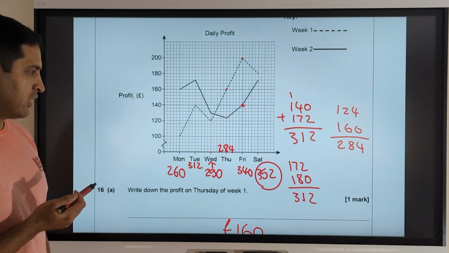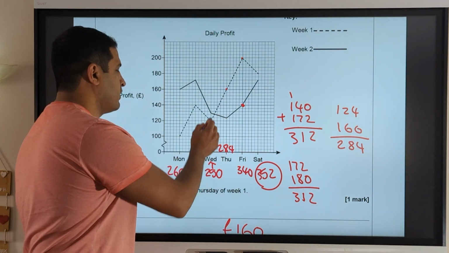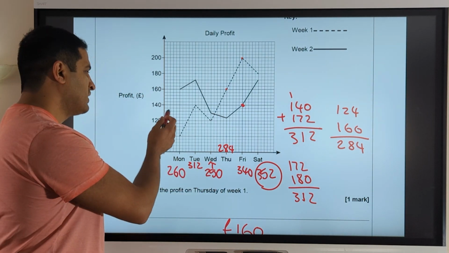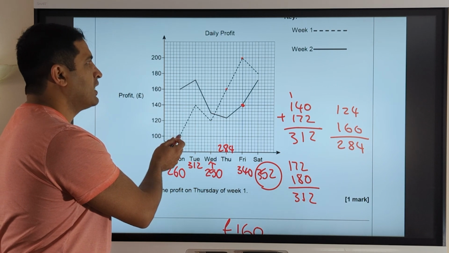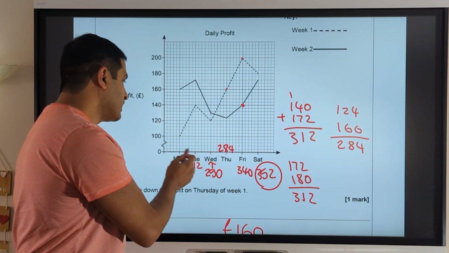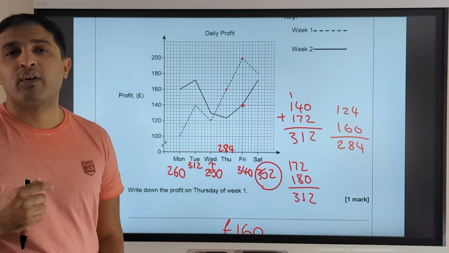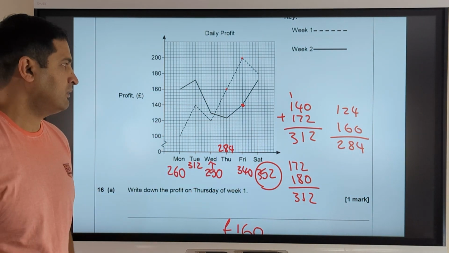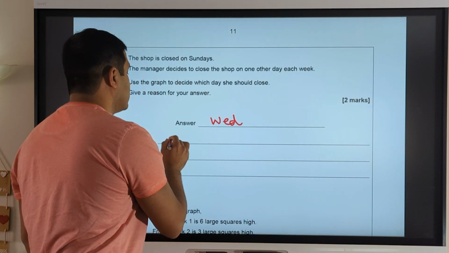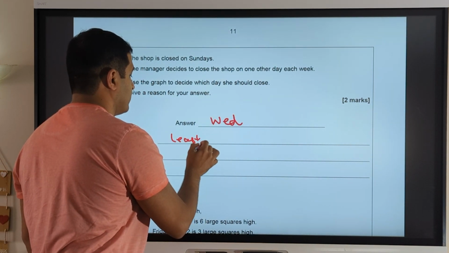It's already closed on Sunday, so we can say Wednesday would be the ideal one, where you make the least amount of profit, 250. You could say Monday, because then in week 1 we only make 100. But you have to give a reason. So I would choose either Monday or Wednesday and give the correct reason why. Okay. So I would say Wednesday and then give a reason: least amount of profit.